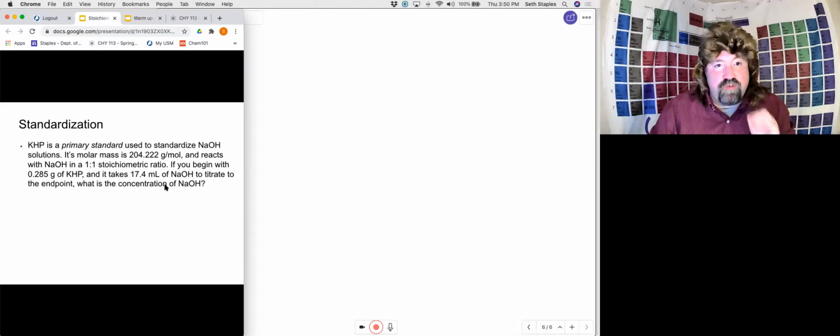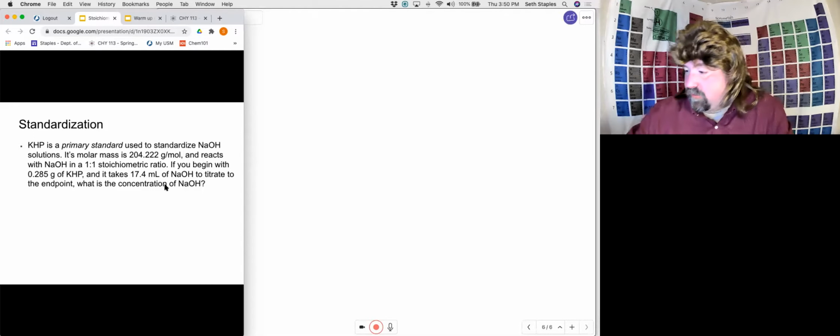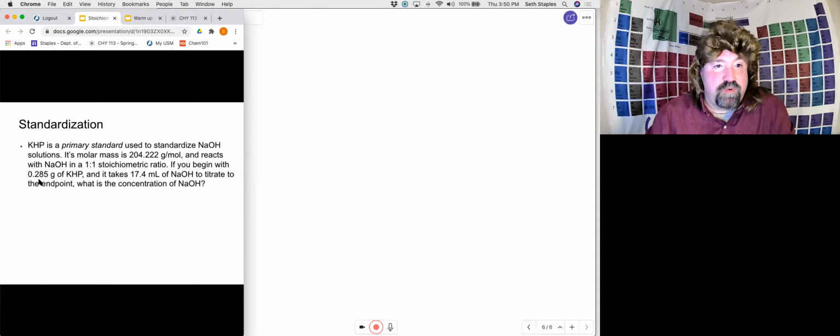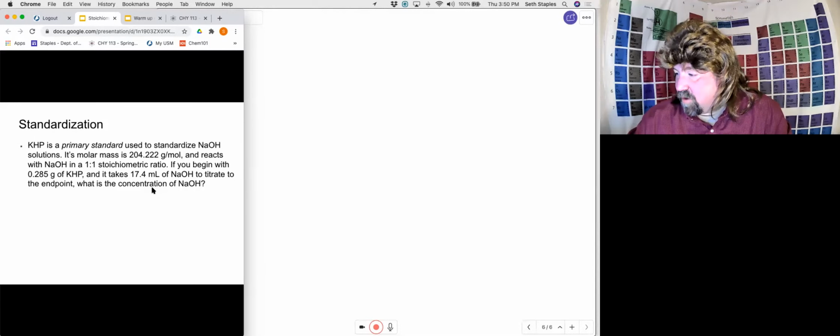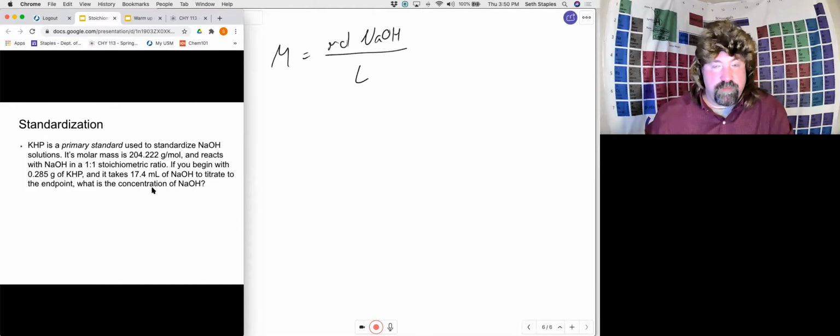And so the way that you would perform this calculation, we want to know our concentration. In this case, we begin with 0.285 grams of KHP. My reaction is over. It turns pink when I've added 17.4 milliliters of NaOH. I want to know the concentration of NaOH. So remember, we want molarity, which is going to be our moles of NaOH per liter.